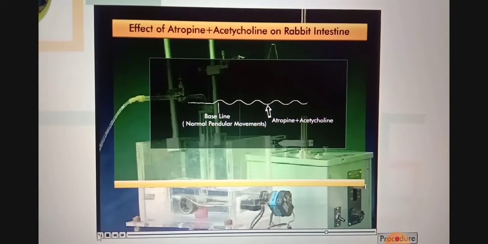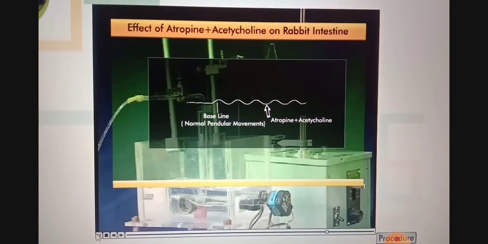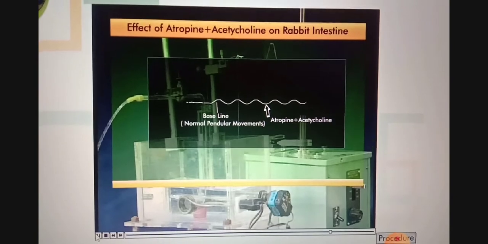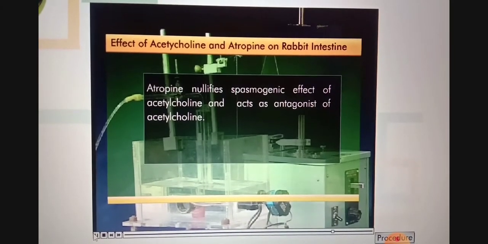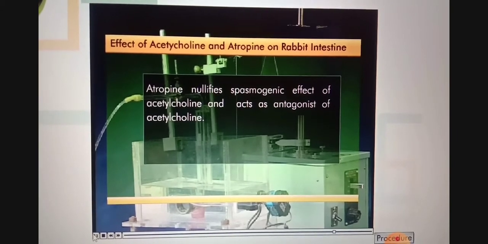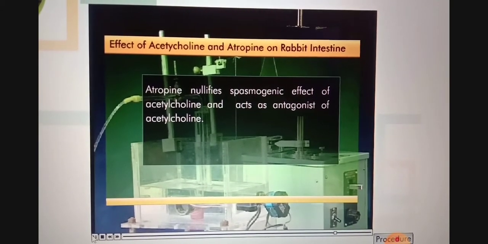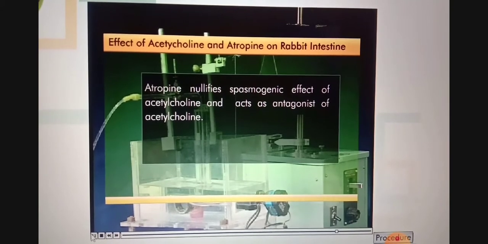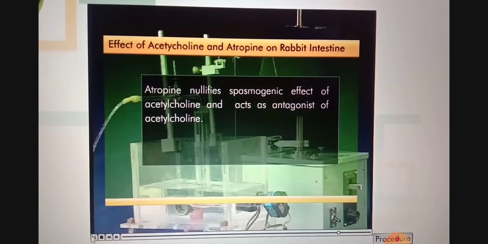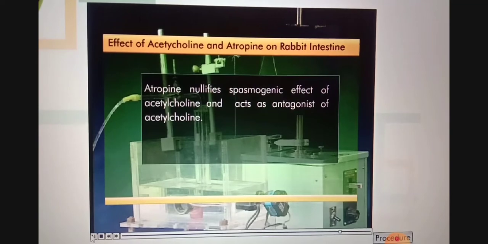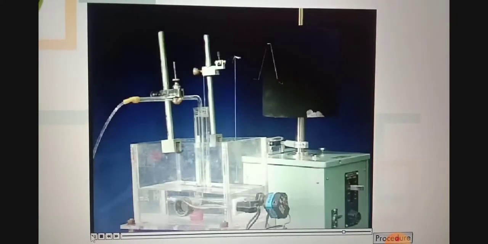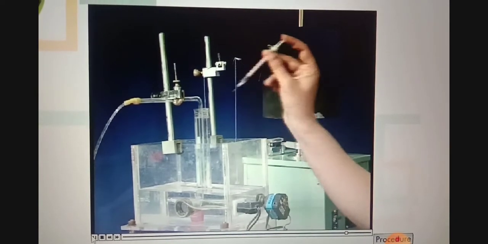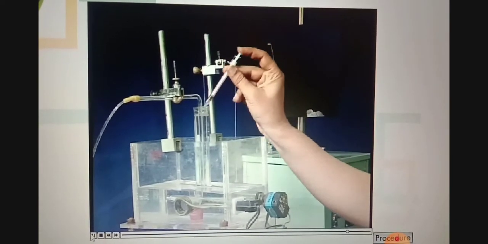This indicates acetylcholine in the presence of atropine doesn't show any change in normal pendular activity. Therefore, we can say atropine nullifies the spasmogenic effect of acetylcholine and acts as an antagonist of acetylcholine. Relax the tissue properly and record normal pendular movements.